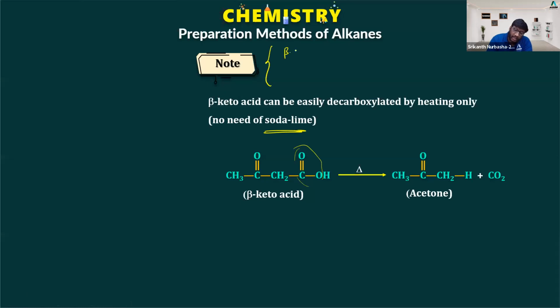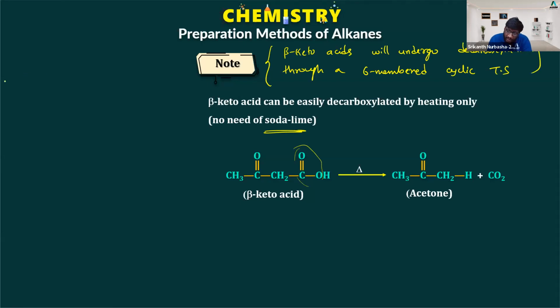Right, on that point, beta keto acids will undergo decarboxylation through a 6-membered cyclic TS.